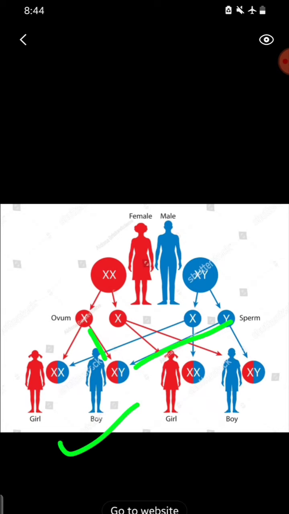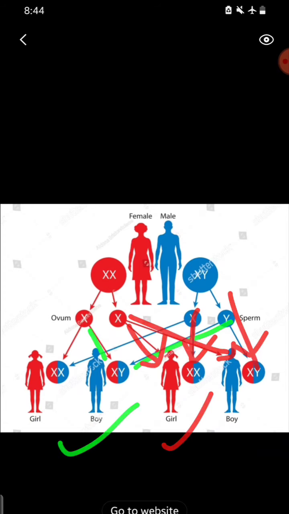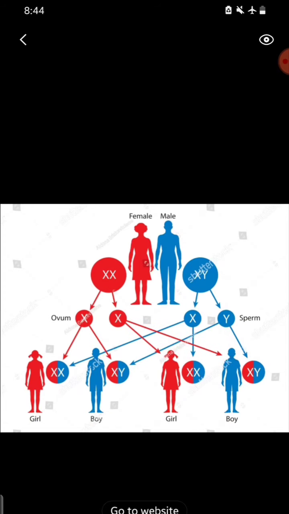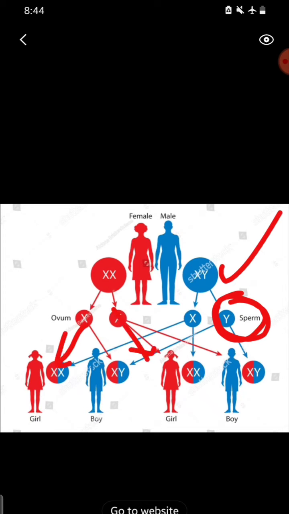And same here, you can see, if this X and this X are formed, girl baby, again this X and this Y, boy baby. So like this, whether it is a girl or a boy is determined by the male parent, because he is the only one having the deciding factor, which is Y. But here the females both have XX.